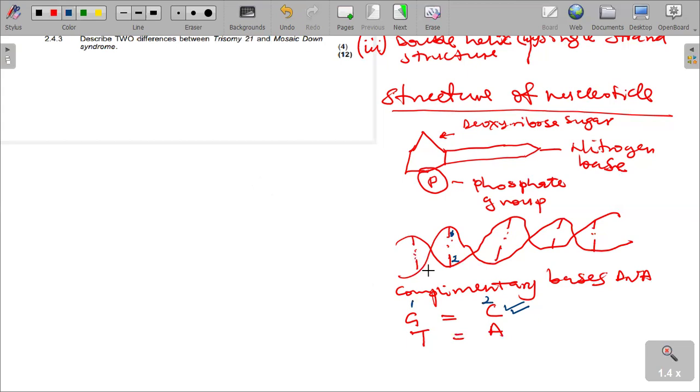And then in between the complementary bases there is a link that joins the corresponding bases together, which we call weak hydrogen bonds.